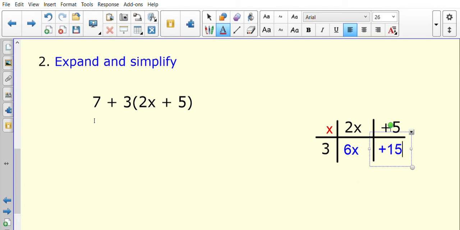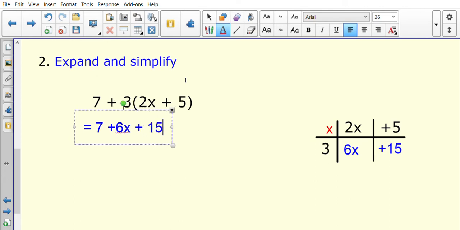Going back up to the question here, so 7 stays where it is, and then we can add on what we have just got as an answer for this being expanded, multiplied out, which was 6x plus 15, and now we need to collect like terms.